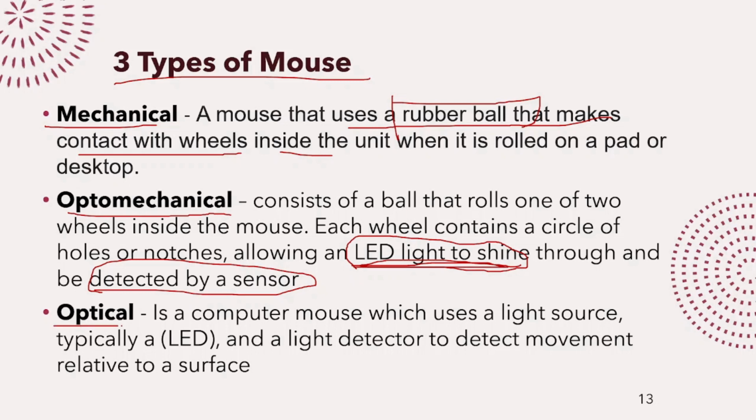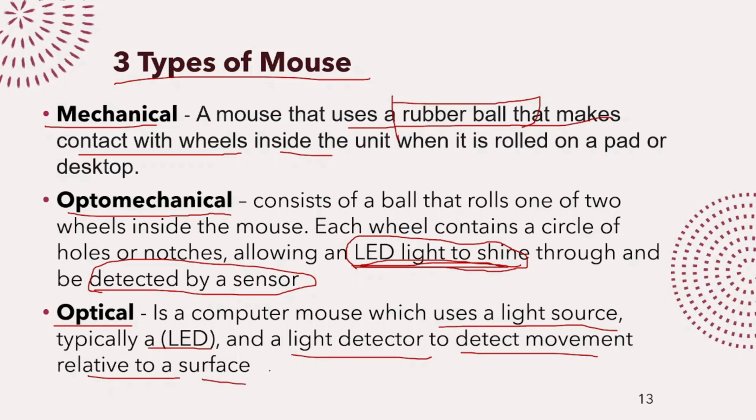So we have the optical. Optical is one of the modern mouse that we can have. So it uses a light source or LED and a light detector to detect movement relative to the surface.